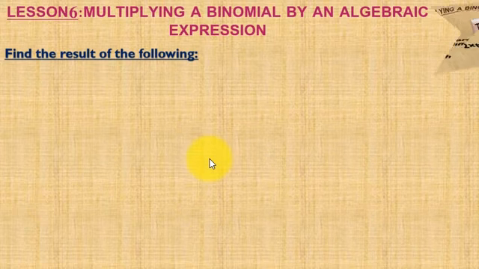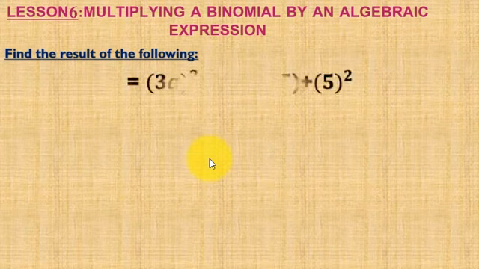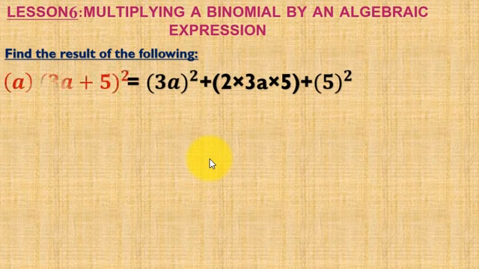Let's take an example. Find the result of the following: (3a plus 5) all power 2. Firstly, we calculate the square of the first term, (3a) all power 2. Then we calculate the square of the second term, which is the third term here, 5 power 2. How can we calculate the middle term?